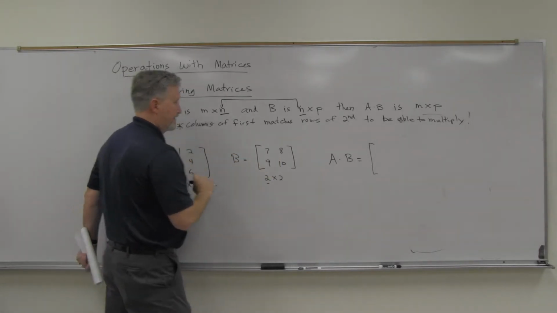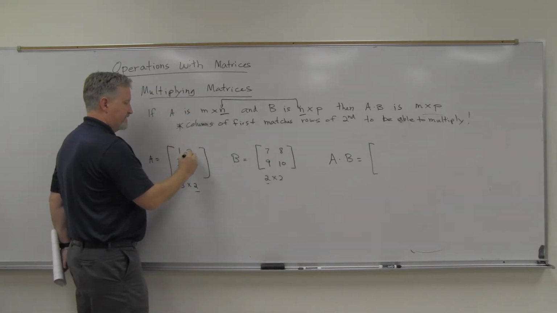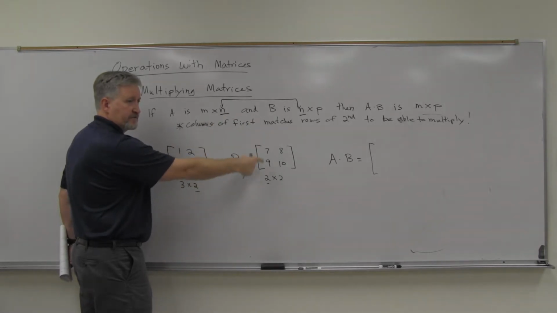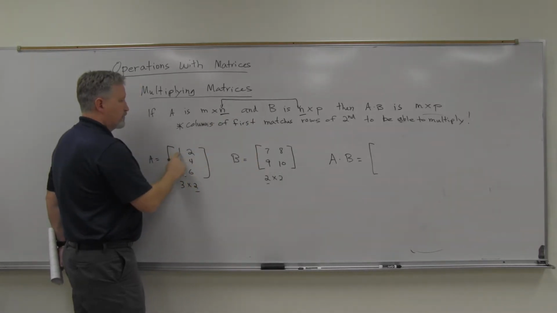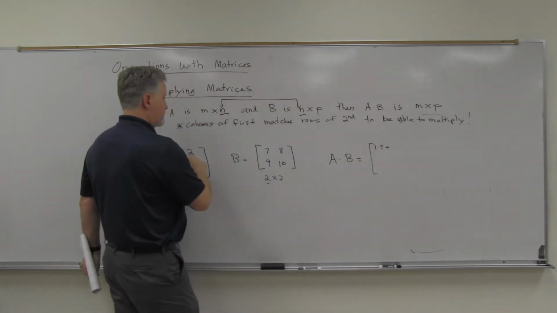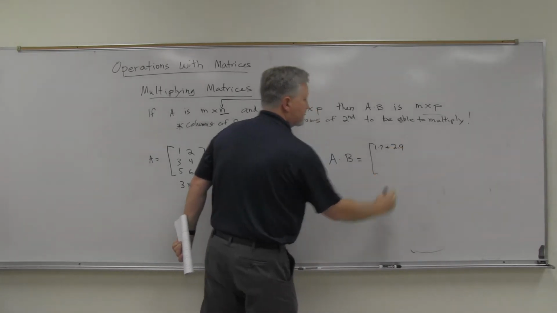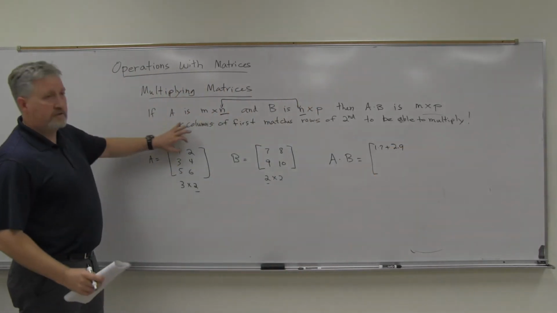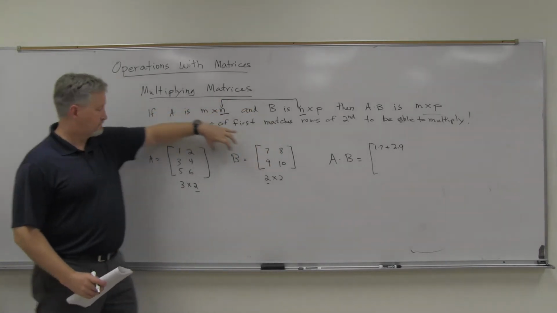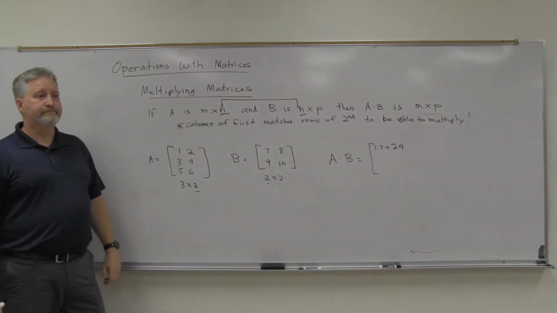So I'm going to take row 1, the entries there, and multiply it by the column entries over here. So it's 1 times 7 plus 2 times 9. See what I did there? First row times the first column. 1 times 7, and then 2 times 9. That's the way it works.